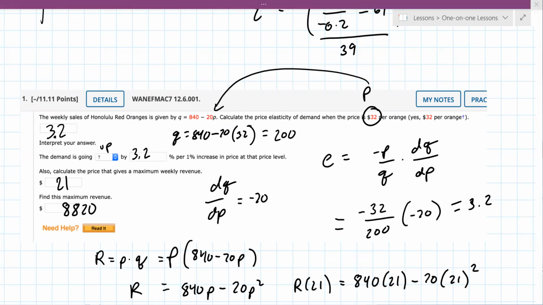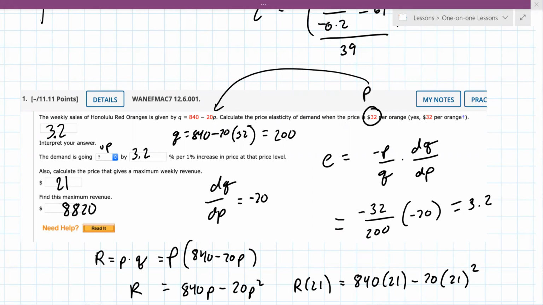And then we get to repeat with these, meaning we're going to do the same thing again for the next one. Everything was right except it says the demand is going down instead of up.